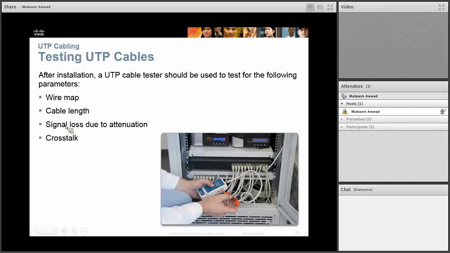You can check to see how fast the signal attenuates, loses its amplitude. So you may need to use a repeater, or maybe there is some massive interference that's causing the signal to degrade rapidly. And you can look for noise, electromagnetic interference. And this is for troubleshooting purposes.